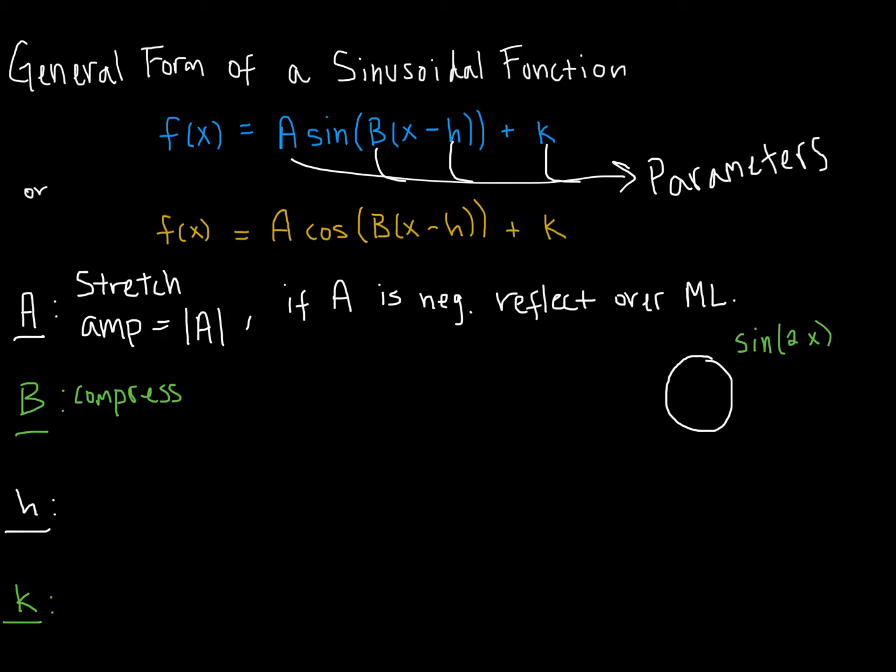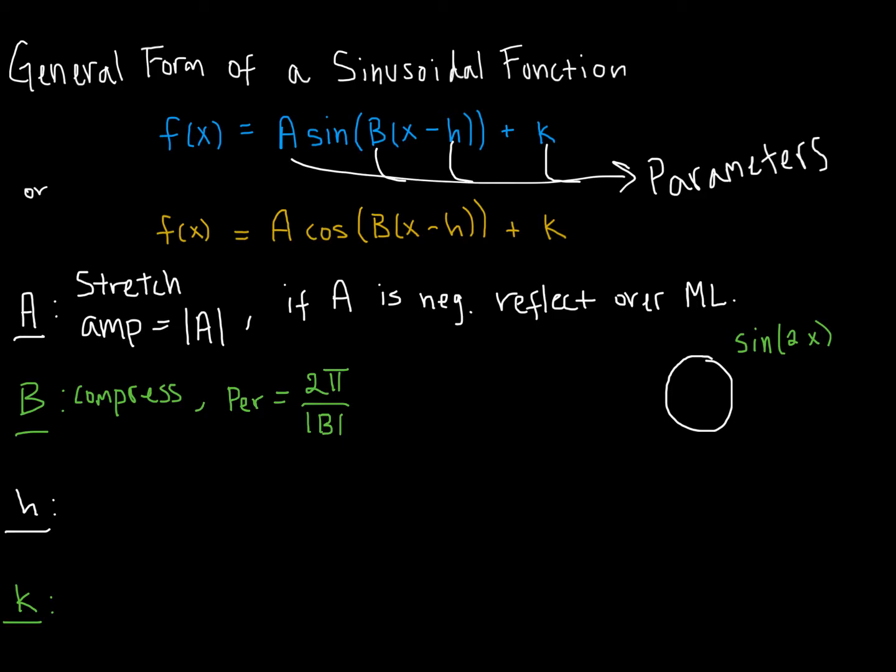The bigger you're multiplying x, the faster it's going to go around the circle. And so the period is determined by the b value, and the period is 2 pi divided by the absolute value of b.